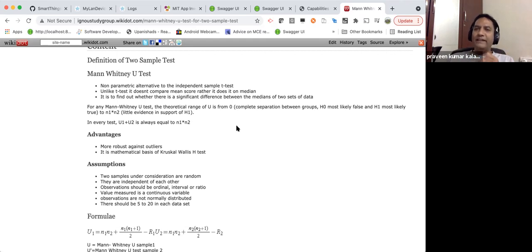The way the t-test works to compare two groups, to see whether they are different or not, is that it calculates the mean of the population and compares the mean between these two groups.